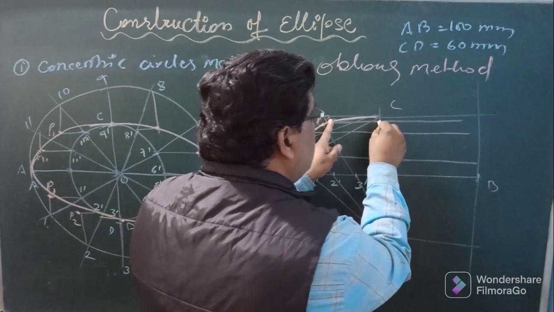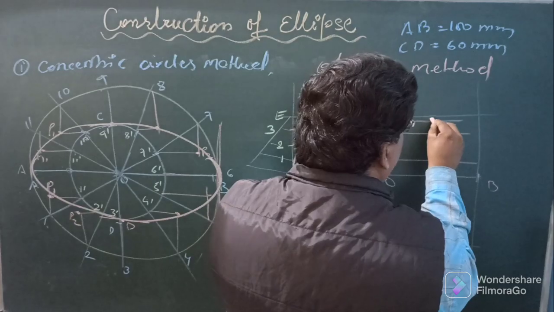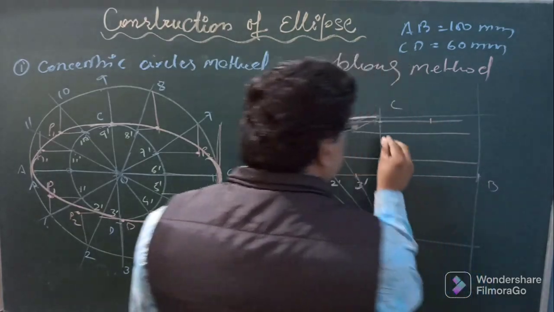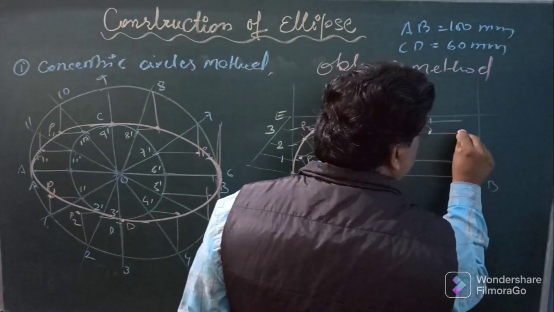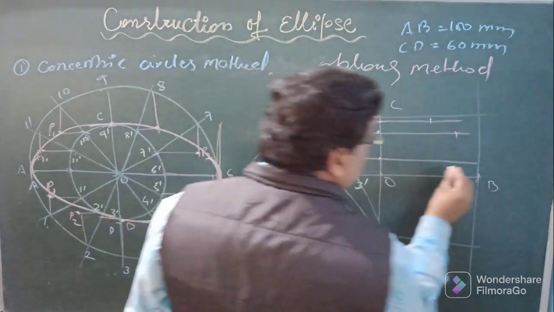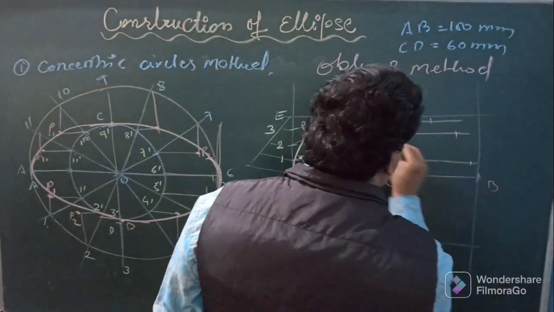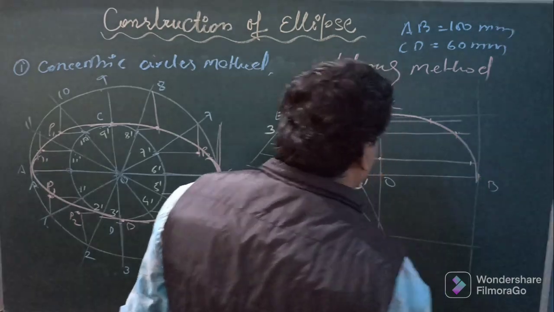So from here to here, take up to the distance P3 and offset this distance here also. Similarly, you can take from here to P2 and cut this side. From here to P1 and cut this side. So the other half may be drawn.